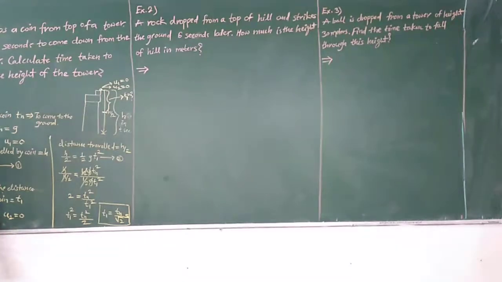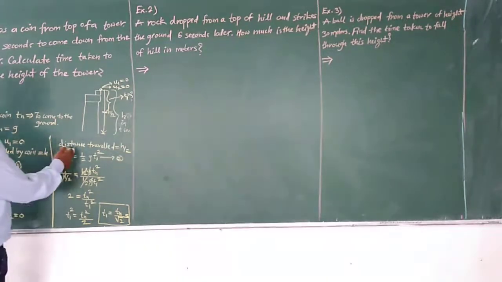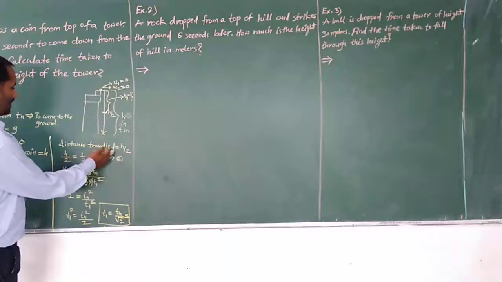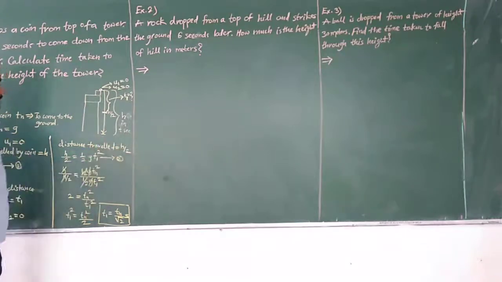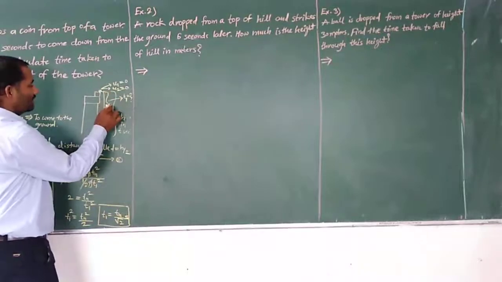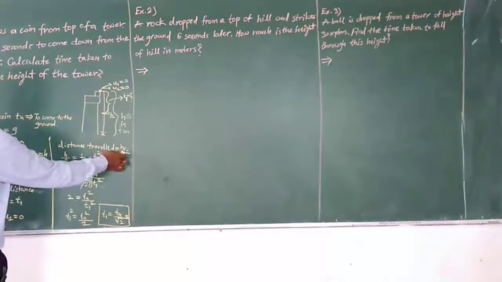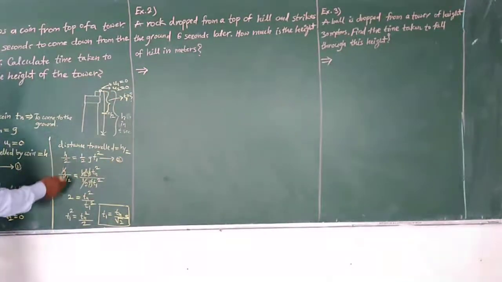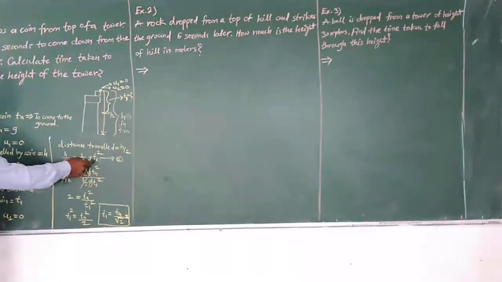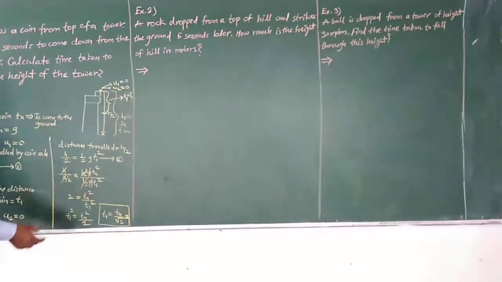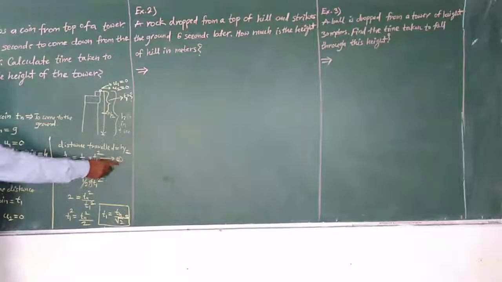The distance traveled is h by 2. So the equation becomes h by 2 is equal to half g T1 square. This is equation number 2.